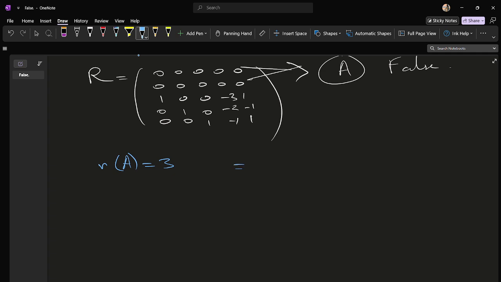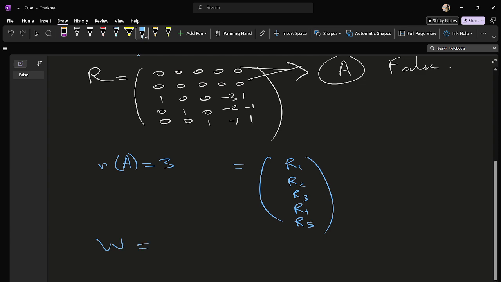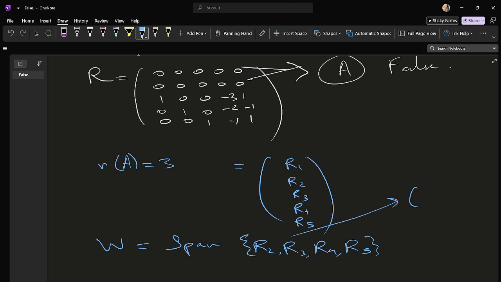That means, let W be the span of R2, R3, R4 and R5. Then the most favorable case is that R2 and R3 are the zero row. Take R2 and R3 both as 0.